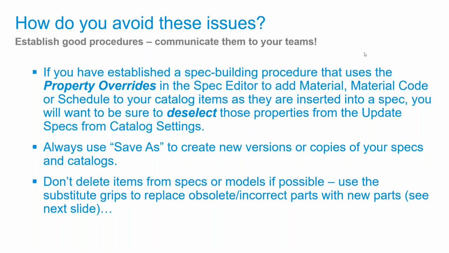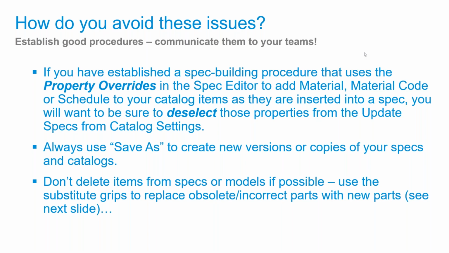We will see this in a slide or two, in the configuration. This is a special feature, this property override, that you can use to override the material code or schedule when you're placing families into the spec.